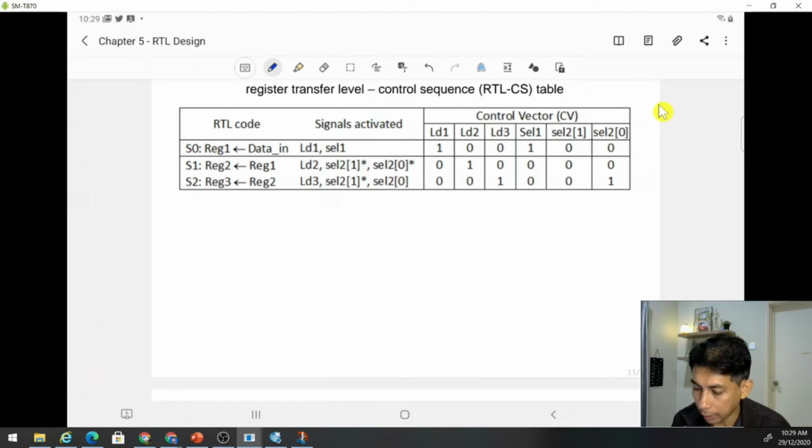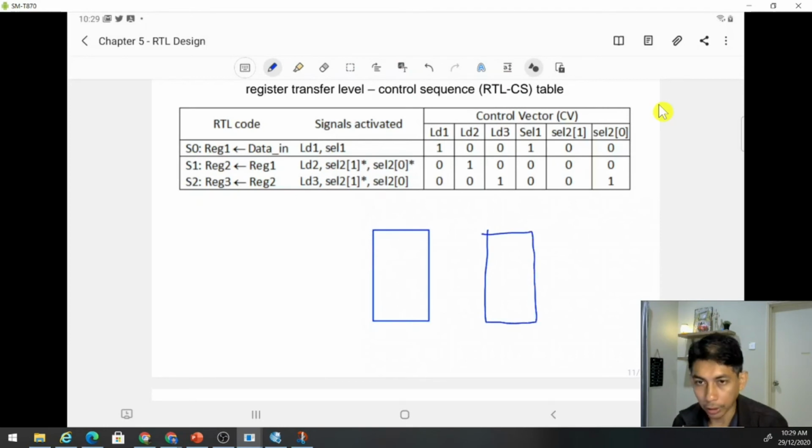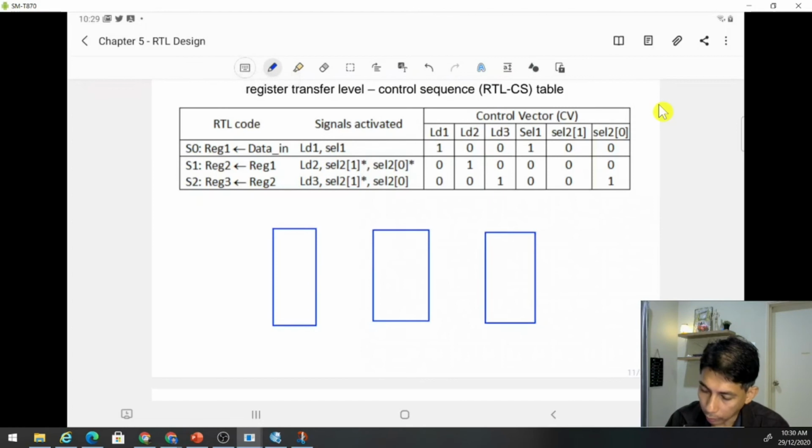So we should have something like this: the state register, the output logic and the next state logic, right? Remember FSM? So we will need to have next state logic, we need to have state register, we need to have output logic.